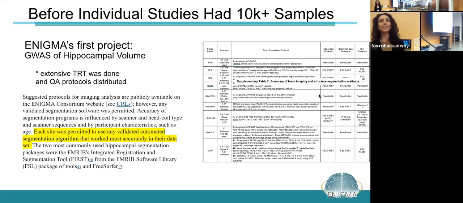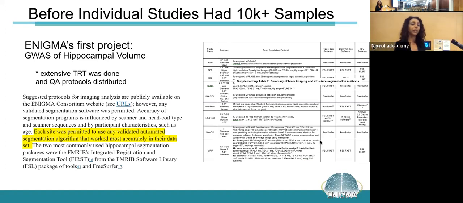That's a great question. We had no correction for software at the time. Most of the groups used either FreeSurfer or FSL. And I think at the time it was FreeSurfer 5.0 or less. Someone used AdaBoost. This is from the supplementary table right here. A couple of groups had manual segmentations. So there was no consistency.